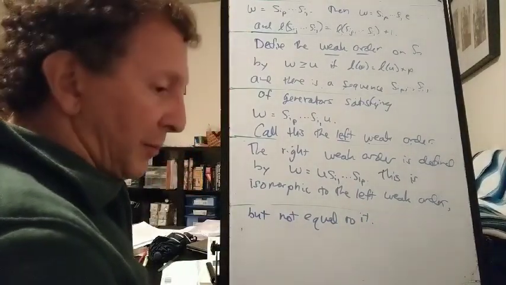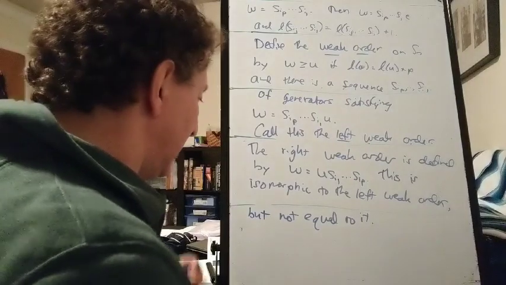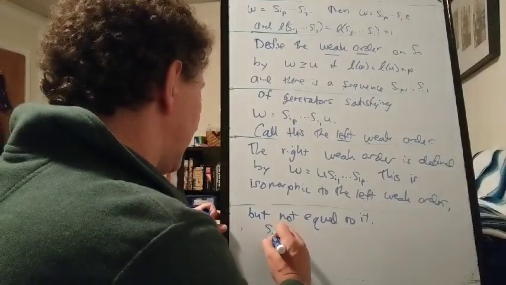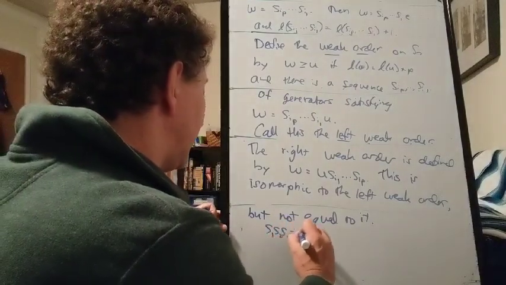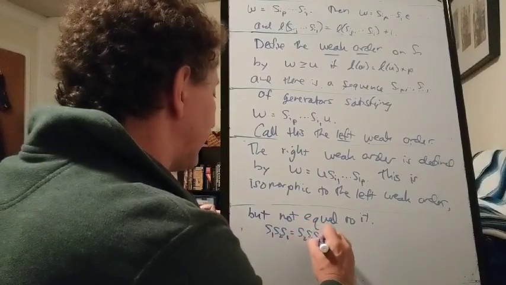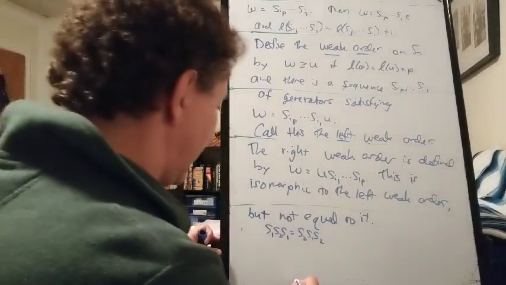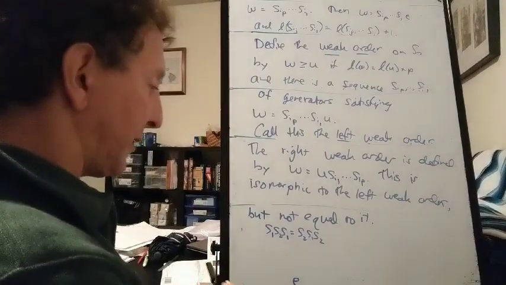So, for example, on S3, we have S1 S2 S1 equals S2 S1 S2 on top, and the identity element on the bottom.